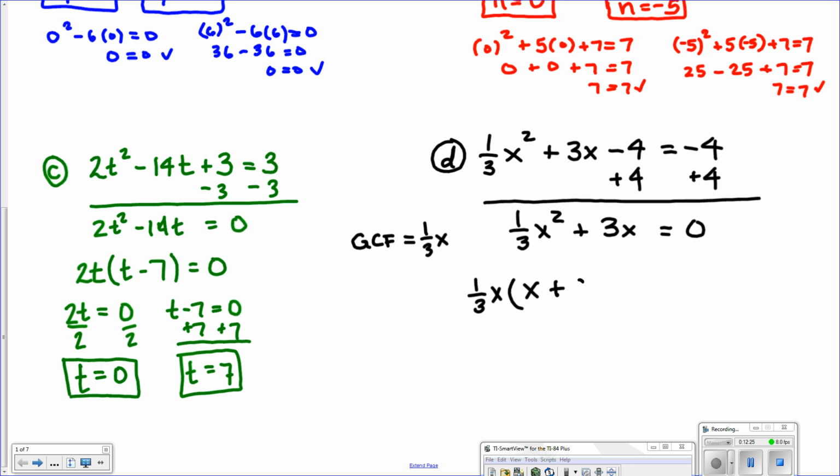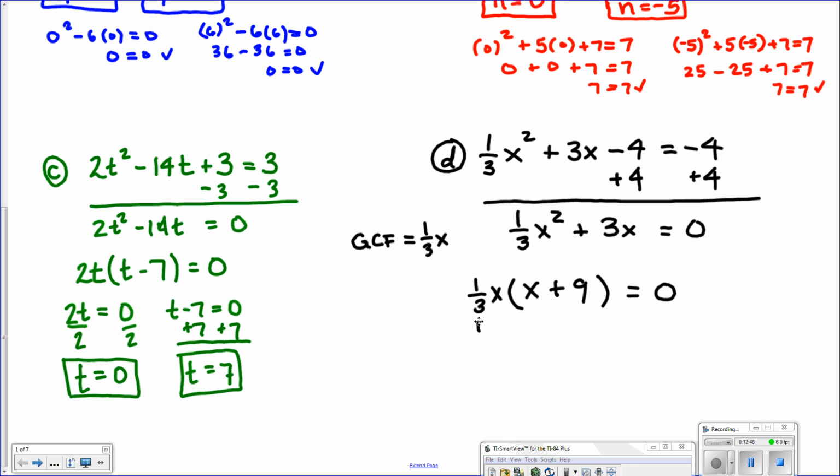So we're going to have a 9 here. If you're trying to make sense of that, just distribute this through and see if you get the same thing here. 1/3 x times x gives us 1/3 x squared, and 1/3 x times 9, 1/3 of 9 is 3, and then you have your x.